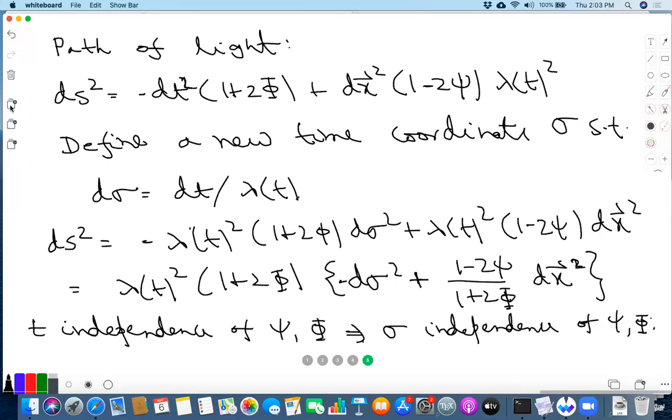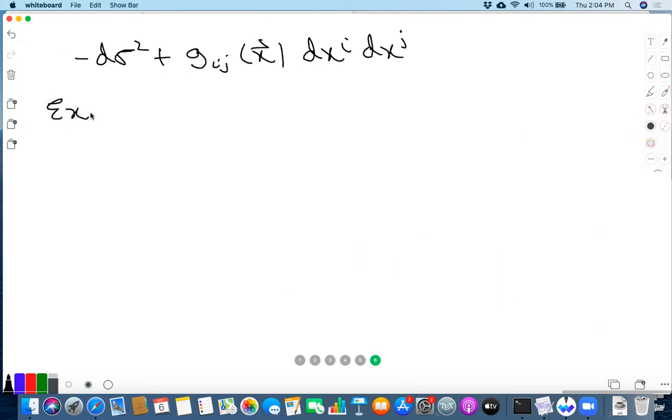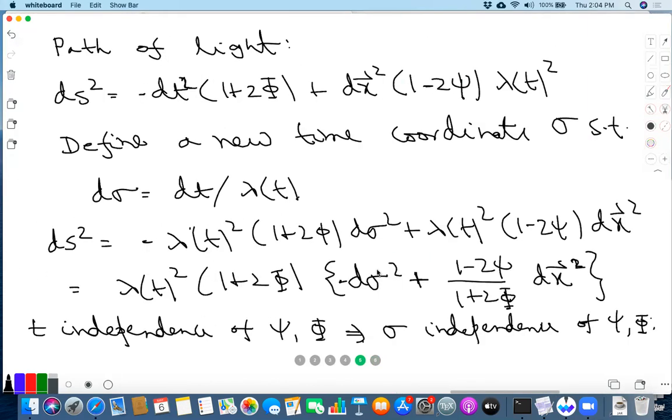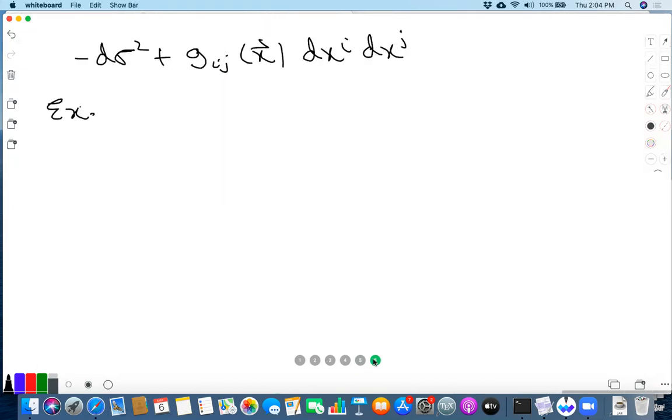So let me write this again. Let's consider the metric in general of this form: minus d sigma square plus, let me take an arbitrary metric, g_ij of x dx^i dx^j. The only property is that g_ij doesn't depend on sigma. In this case it's a simple exercise, and I'll leave it to you to prove this. In fact, you should also try to prove that null geodesics do not get affected by these conformal factors, but this is even simpler.